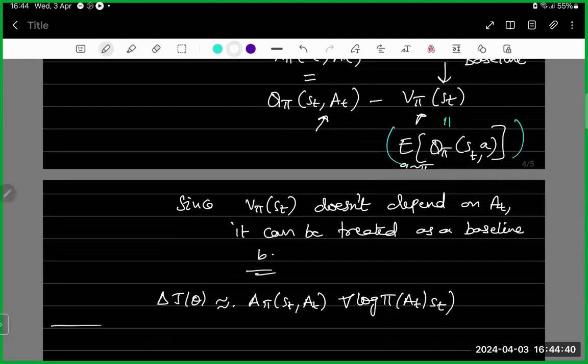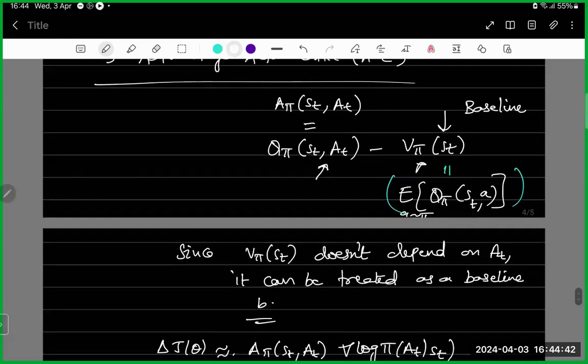Okay, but you understood why this is a baseline, right? All that we want is something which is not a function of A_T, and it is similar to the R_T minus R bar thing, right? Here R_T depends on what A_T is, and R bar is the reward of an average action.